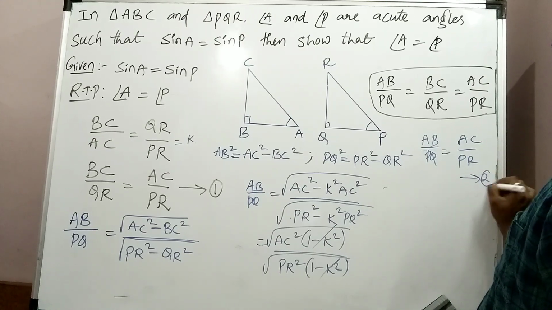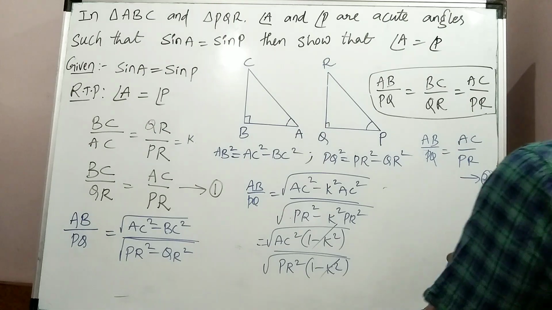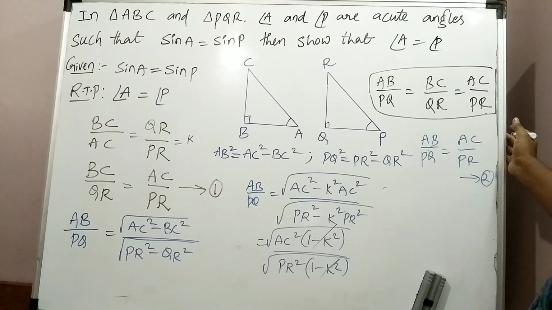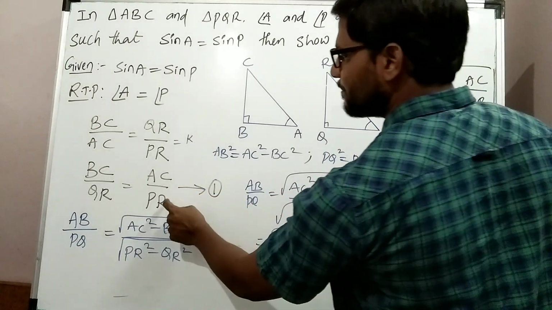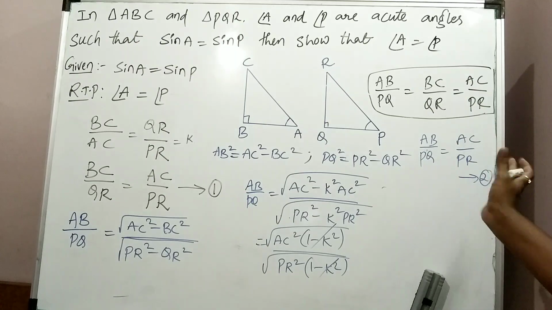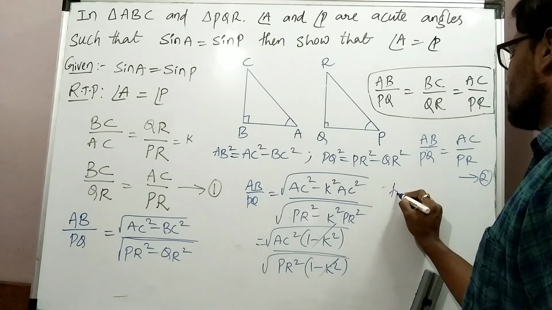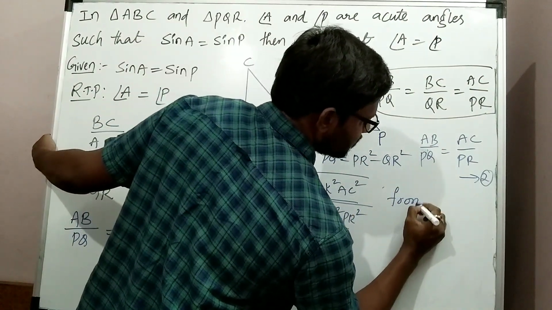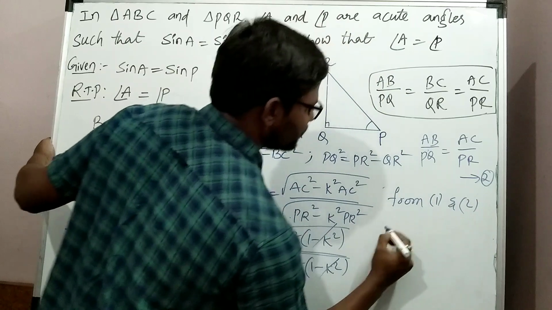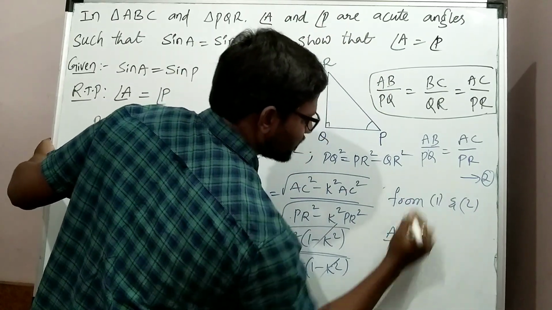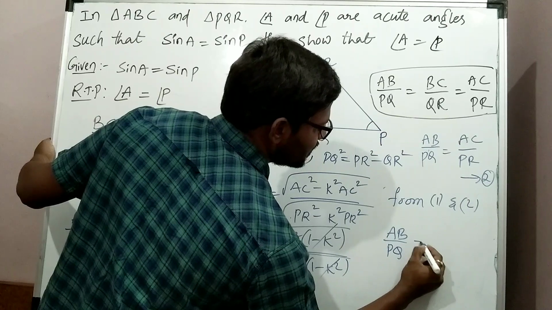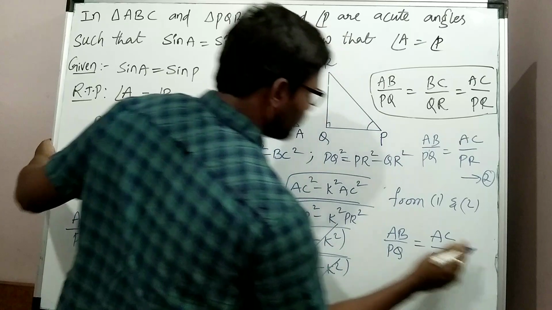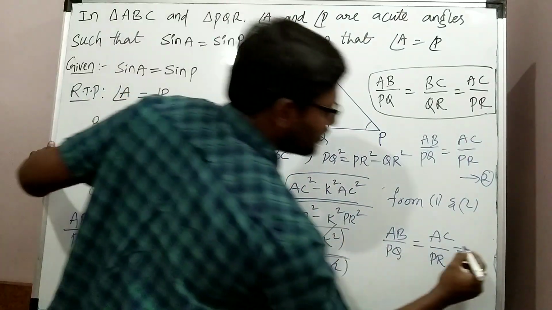Take this as equation 2. From 1 and 2, AB by PQ we got AC by PR. But what is AC by PR? That is equal to BC by QR. So from equations 1 and 2, AB by PQ equals AC by PR equals BC by QR.